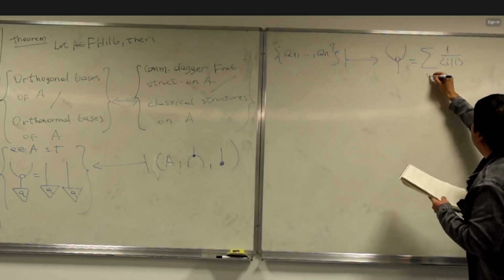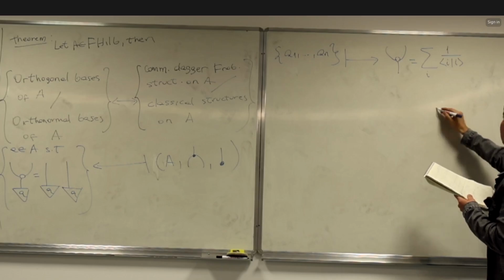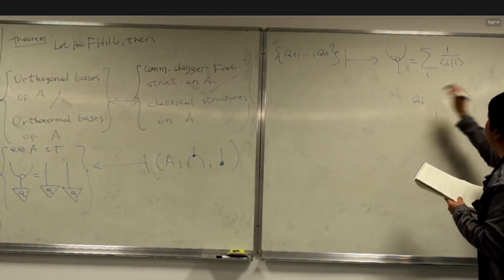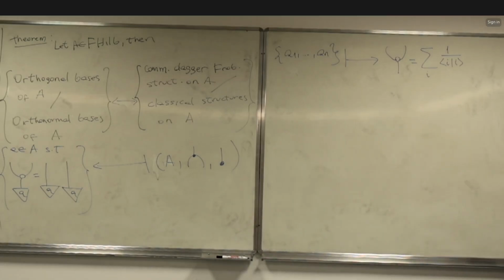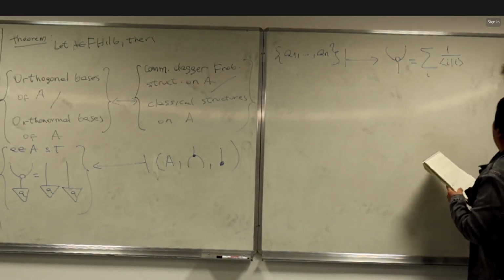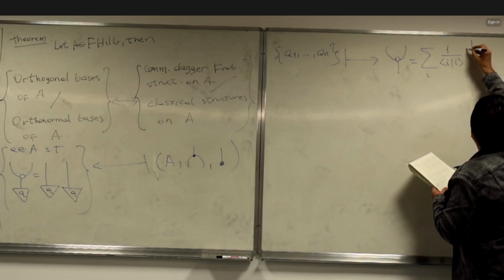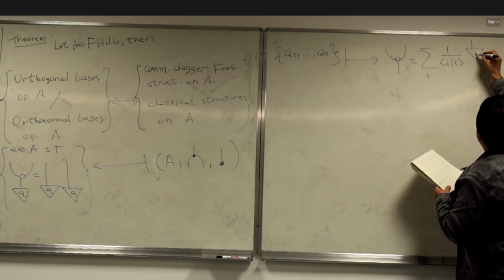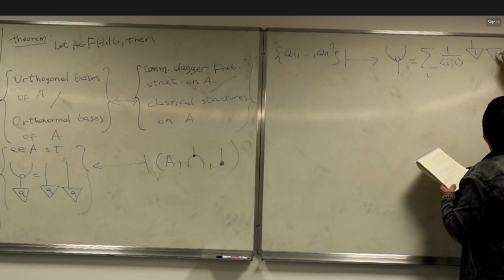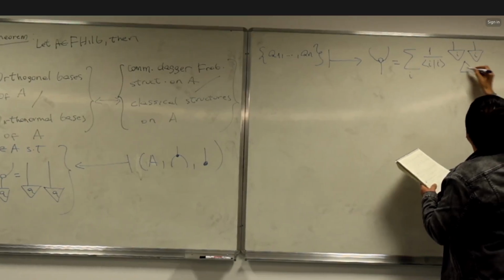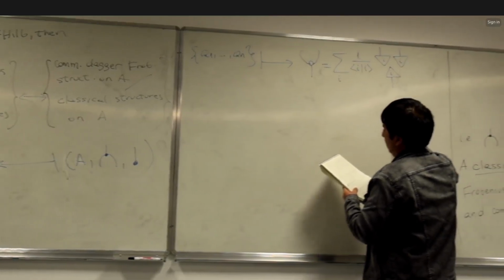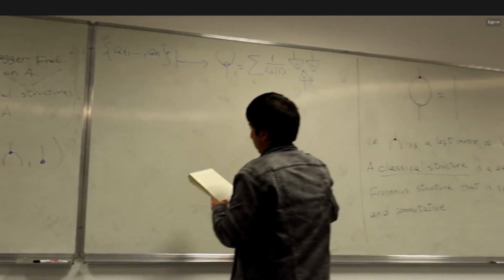I write here the I instead of AI, just to avoid overcharging the notation, and also to follow Heunen and Vicary's notation.